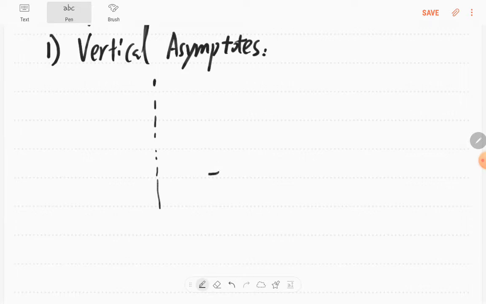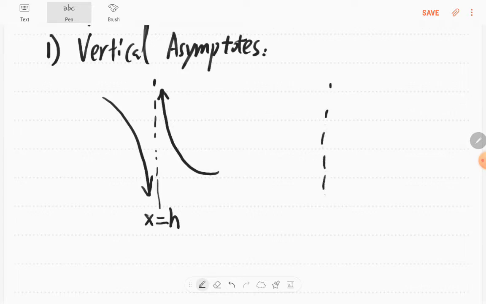The curve will be very close to this dashed line when x is very close to a number. If this is the vertical asymptote, x equals h, then if x is very close to h, the curve will be very close to this dashed line, but the curve will never cross the dashed line. So this is called the vertical asymptote.